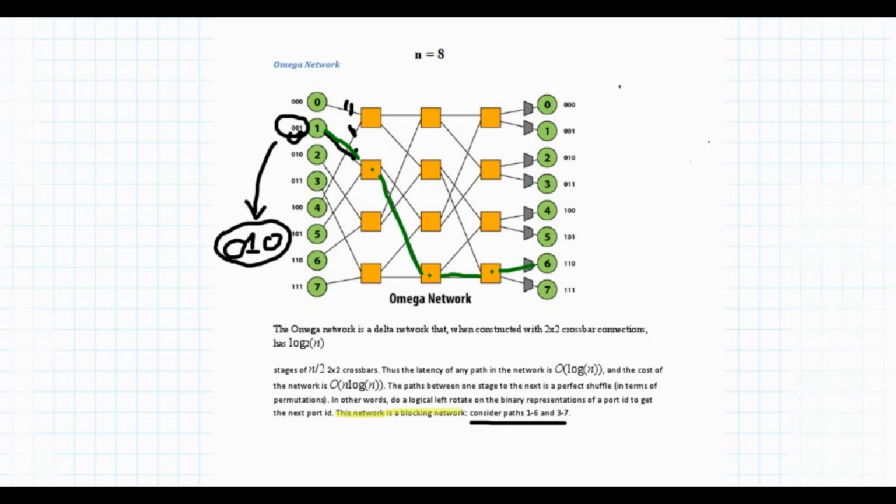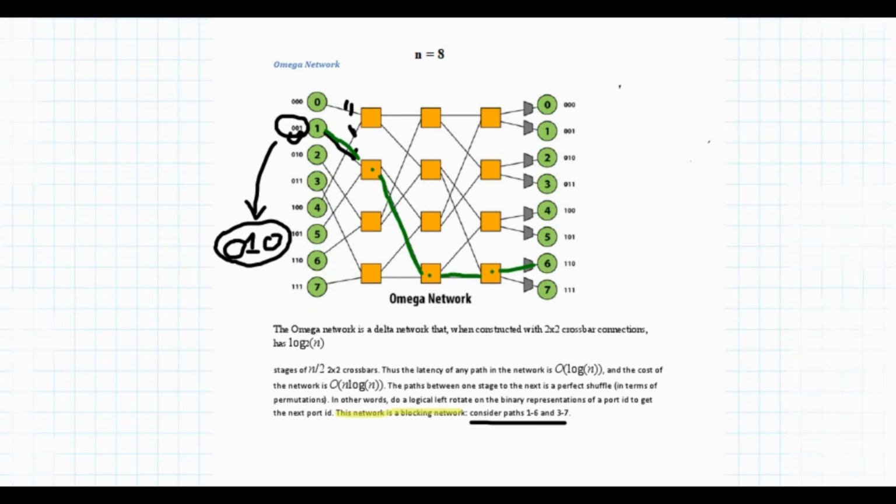Now, as per the definition of blocking and non-blocking network, in a non-blocking network, all the input-output ports which are not occupied at a particular point of time must be able to communicate among themselves.